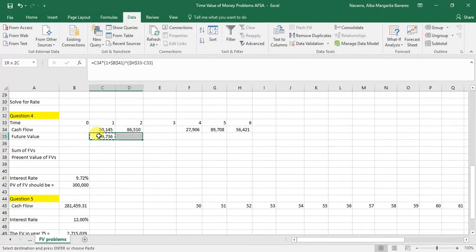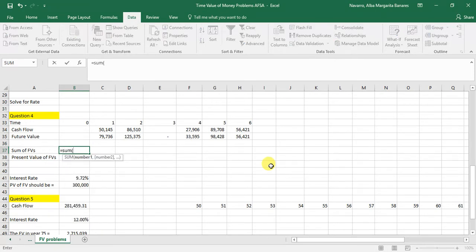Cool. Copy that, including year 3s, because we need this formula to work out if we want to goal seek.